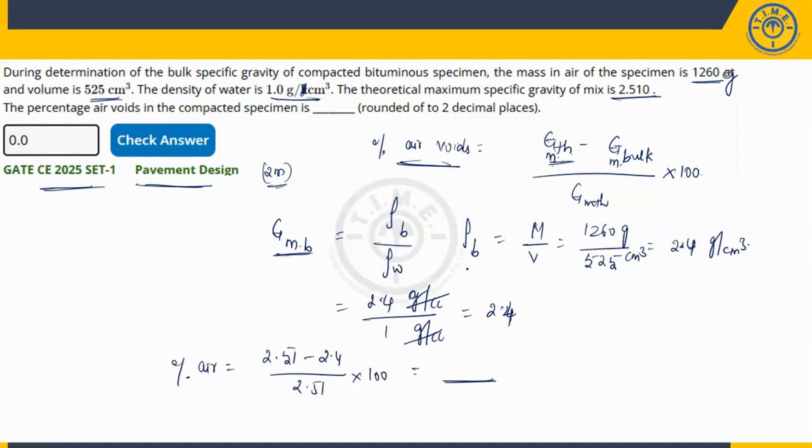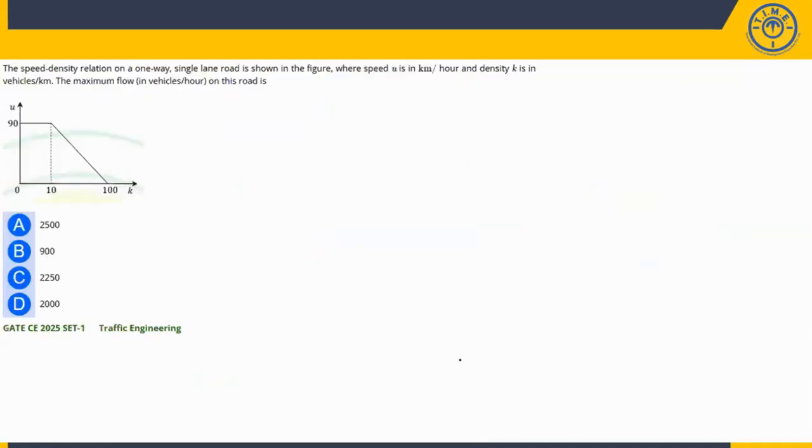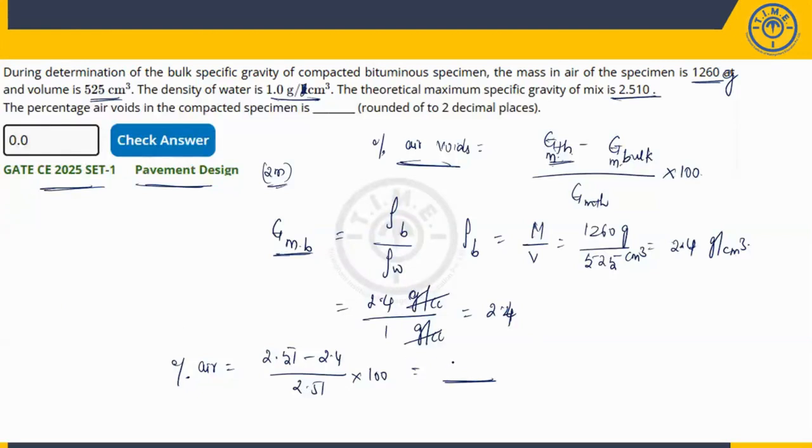Tell me the answer. Very good, Ardi. Very good, Vijayalata. The answer is 4.38.